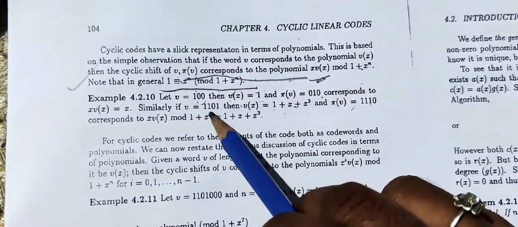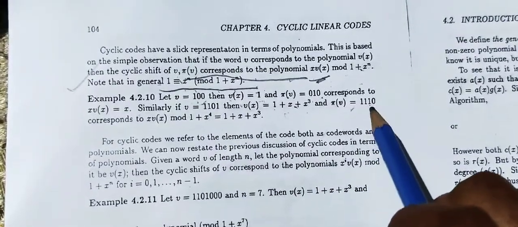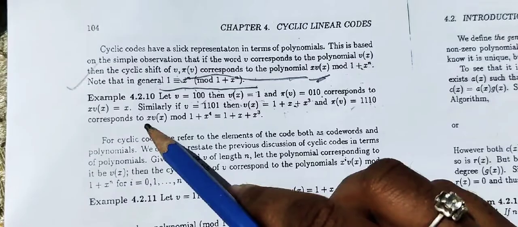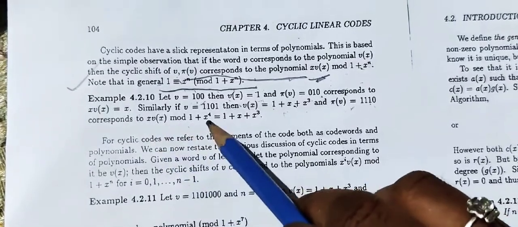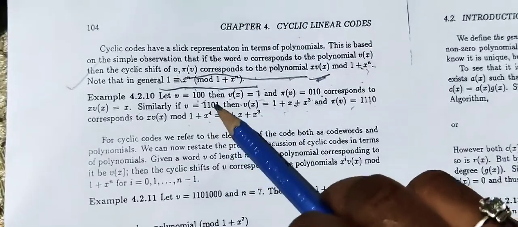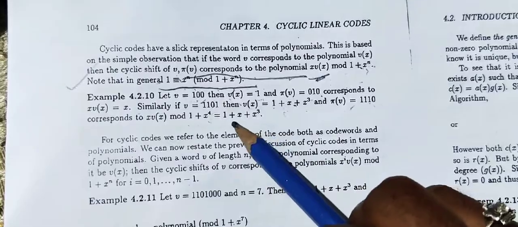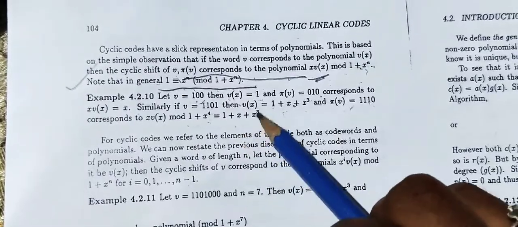Here the length n is 4, so mod 1 plus x raised to 4. Pi of V is 1 1 0 0, corresponding to x V of x mod 1 plus x^4, with the polynomial 1 plus x cube.